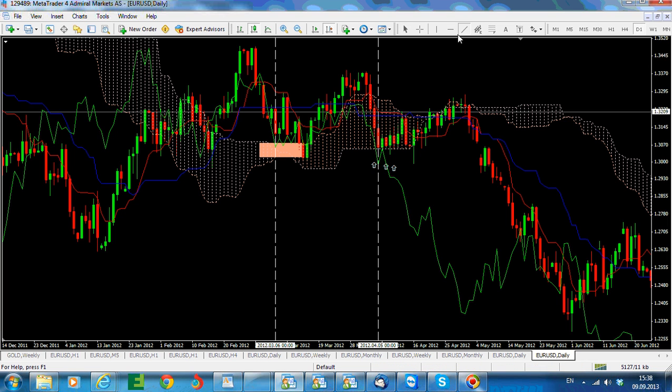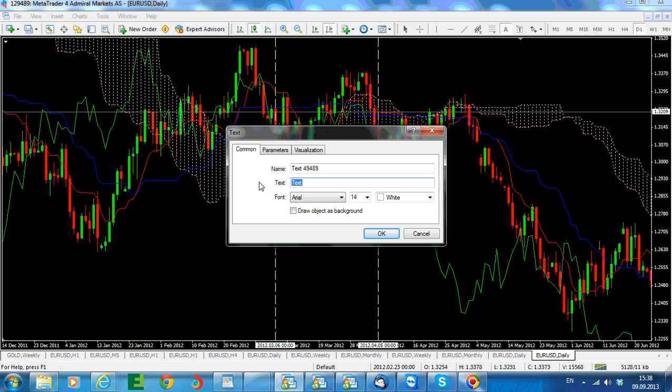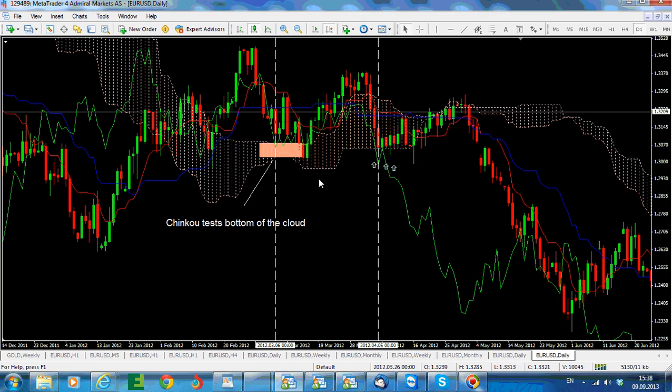Here the Chinko tests the bottom of the cloud, and that is the reason for the bounce that you see right there.